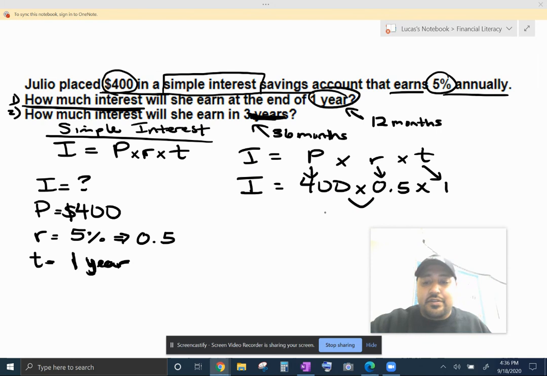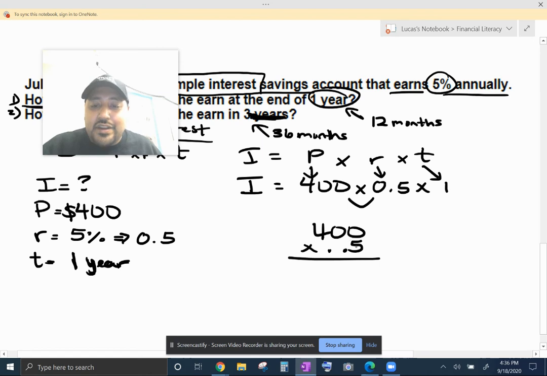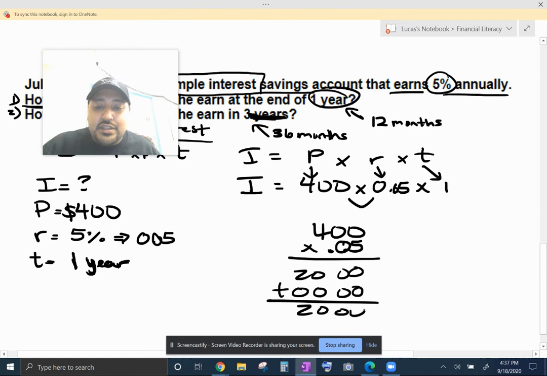So I'm going to multiply 400 times 5/100, not 5/10. Let me change that. And so that's going to be 20.00. I have 2 decimal places here, so I'd move over 2 decimal places, and that'll be $20 that they've earned.